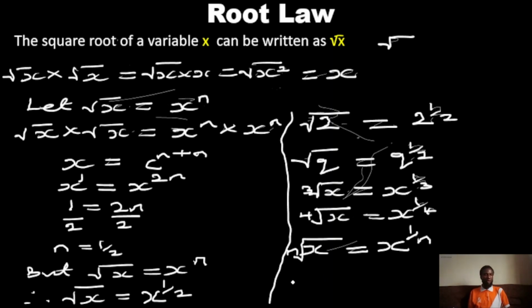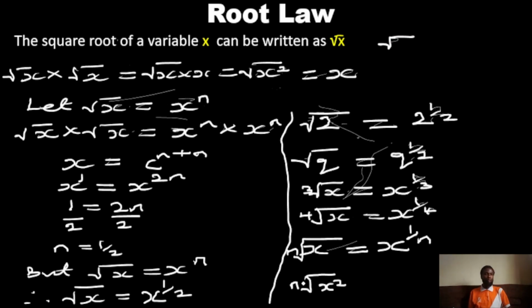And also, if you have the nth root of a number, squared. Remember, this nth root doesn't mean square root. It can be square root, cube root, fourth root, fifth root.